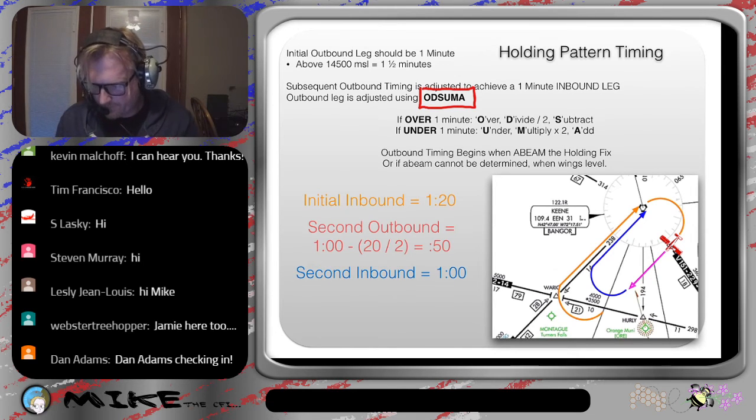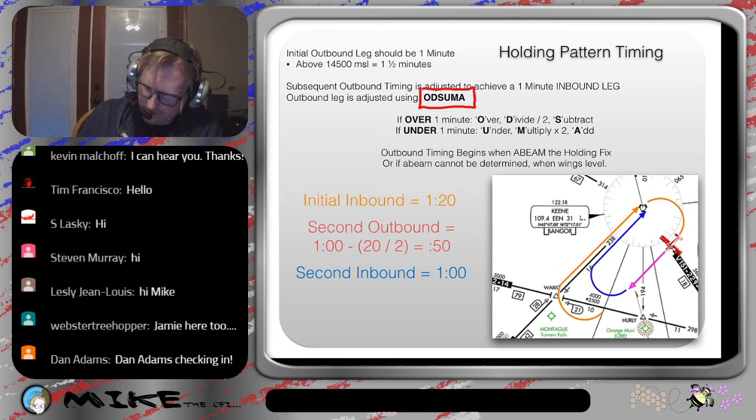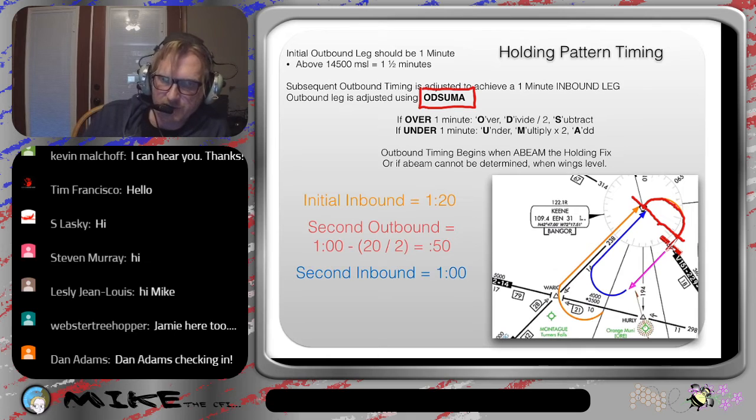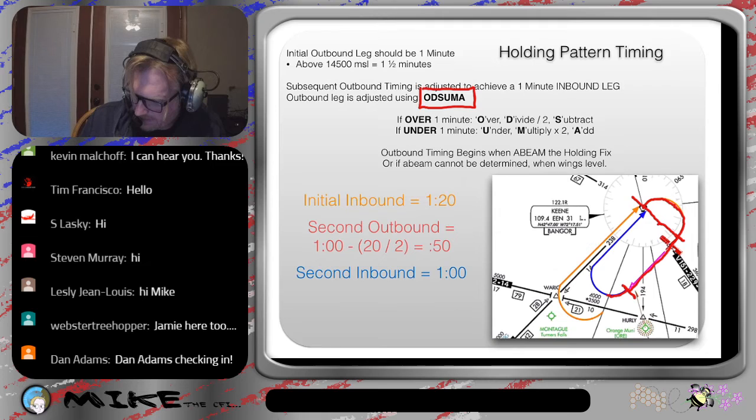Once we enter the holding pattern and make our first outbound turn, when we're at the perpendicular point, and if we're using a VOR, when that flips from a from indication back to a to indication, we would start the timer. We time outbound for a minute, and then we make a turn inbound back to the station.